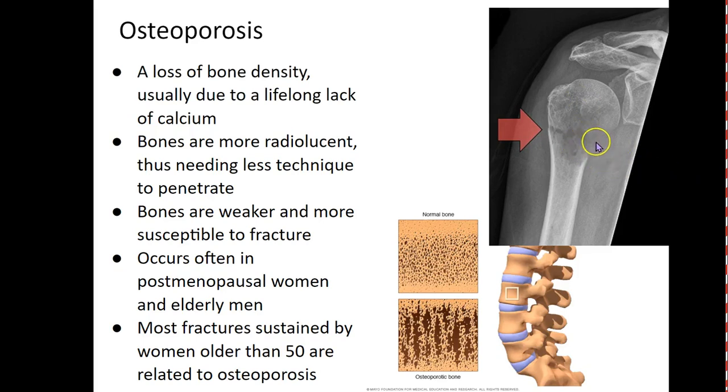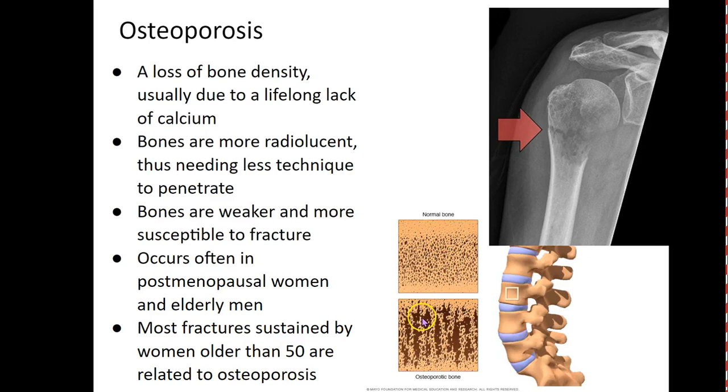As a result, a very light injury or trauma to this area can cause a pathological fracture, which is what you see here. Remember, a pathological fracture occurs when that part of bone is diseased or unhealthy and more susceptible to fracture. And you can see an example here. This is what normal bone should look like.